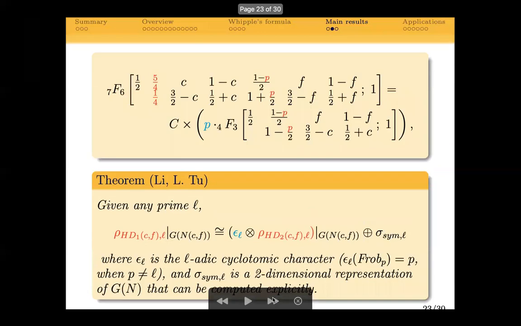So let me put together the comparison between the classical case and the formulation we obtain. So basically, in the classical formulation, after I specify the parameters to make things self-dual, we have 7F6 at 1 agree with this 4F3 at 1 up to a p factor and gamma factor.